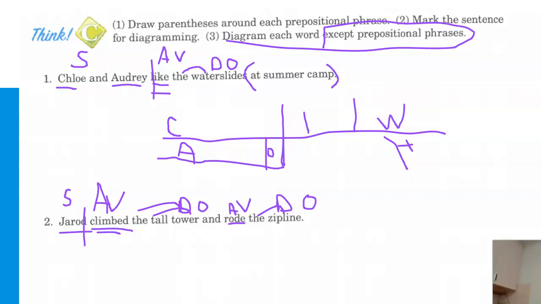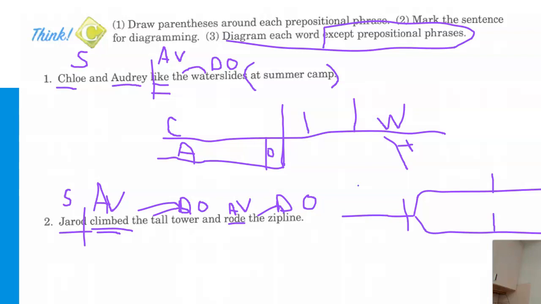All right, so now let's see what our diagram should have looked like. We should have had subject, line, then we should have had a compound house because we had two verbs. And then we should have had two lines for direct objects.